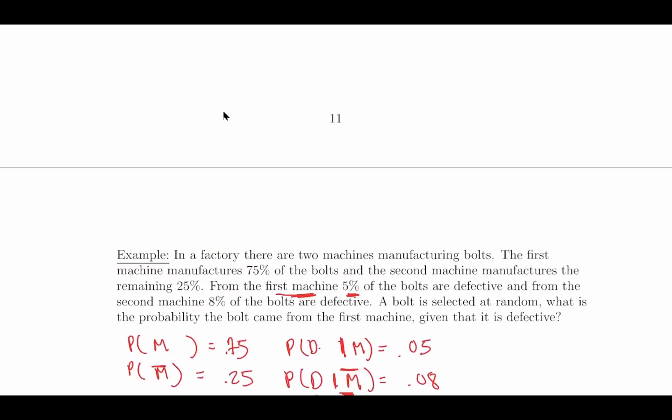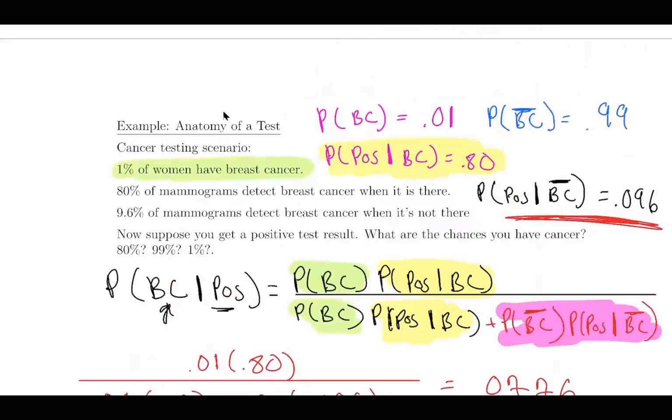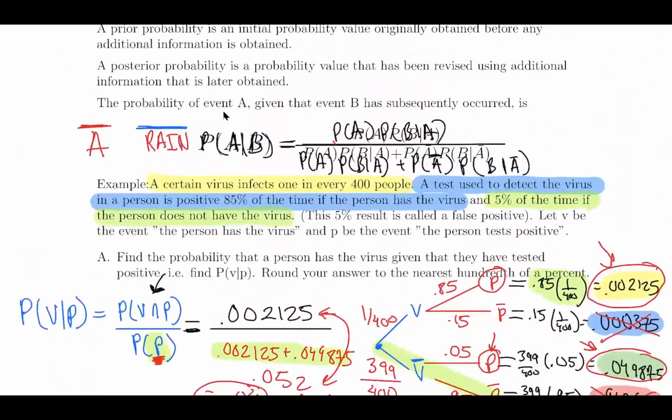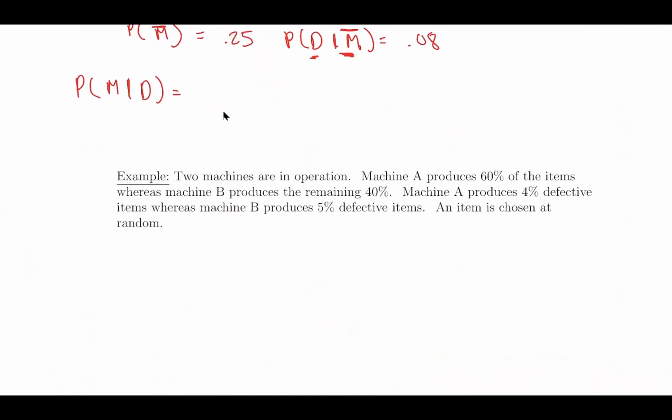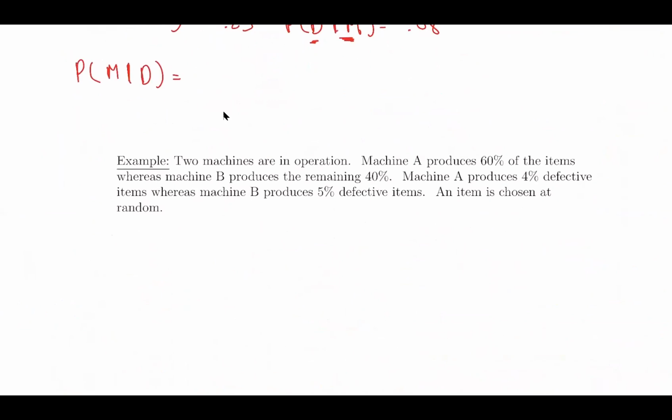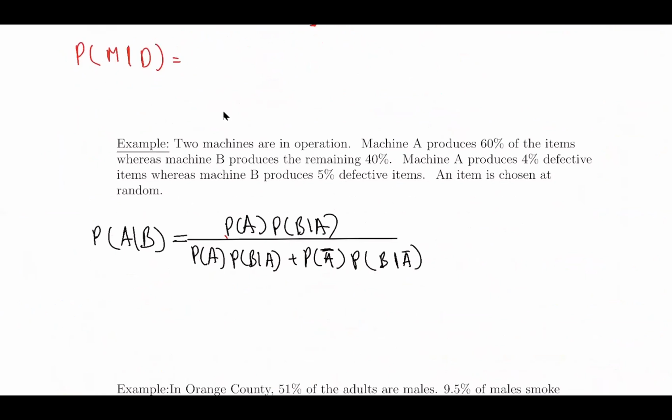So I'm gonna go ahead and get the formula again. If you look at it, probability of A is the first one, so we're gonna say probability of M. The second one is probability of B given A, so that's gonna be the probability defective given it came from machine one.